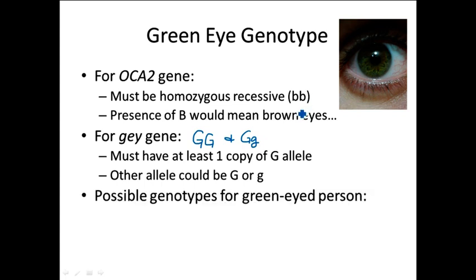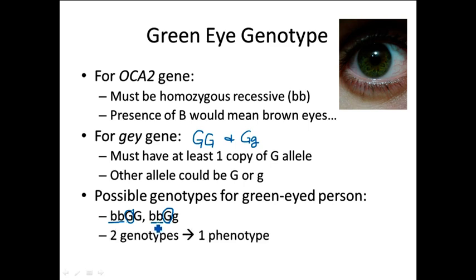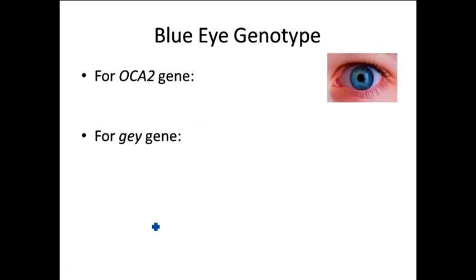So possible genotypes for a green-eyed person are little b little b, big G big G, or little b little b, big G little g. Notice that these both have little b little b, and both have at least one copy of the big G allele. So here we have two genotypes and one phenotype.